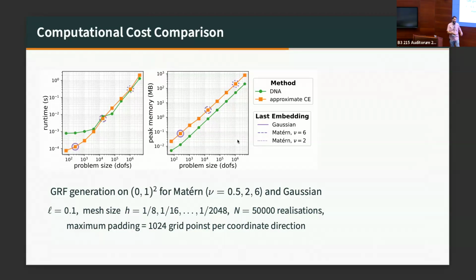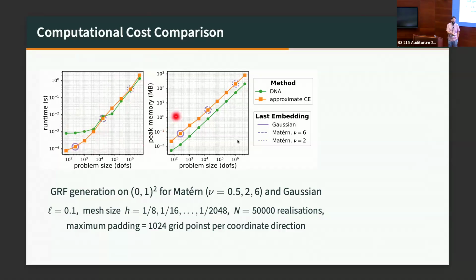The orange curve is actually approximate circular embedding, where you set the eigenvalues that are negative to 0. So this is sort of showing circular embedding in its best light. And apart from a startup phase, where our bookkeeping or maybe our code is not optimized, and for small problems we have some overheads, essentially it performs roughly the same.